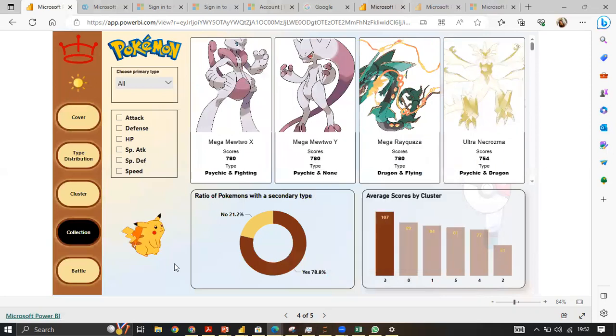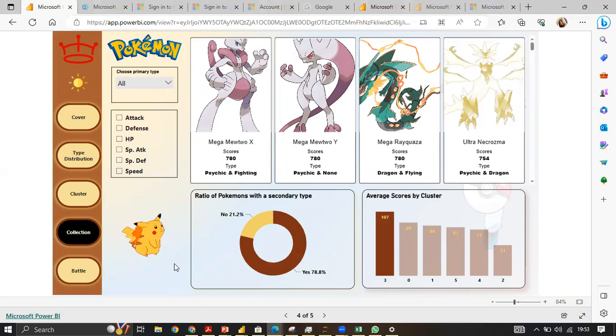The reason I brought this ratio of Pokemons back to this page is that I also noticed that Pokemons in cluster 3 have a higher ratio, they have more Pokemons with a secondary type.